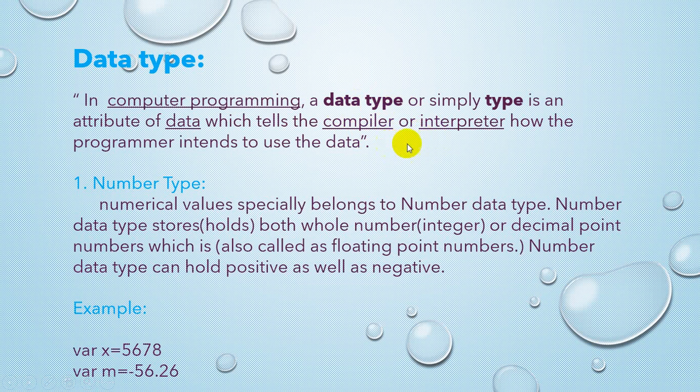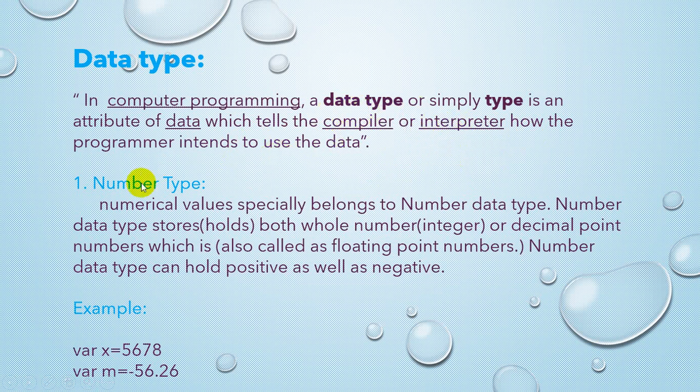For example, if you write number 2 plus 2, your compiler or interpreter understands that you are using numbers. But when you write 2 plus ABC, it will be confused how it's possible to add 2 plus ABC, because ABC belongs to a different data type and 2 belongs to a different data type. So your interpreter understands how the programmer intends to use the data, which data you are using, on the basis of its data type.